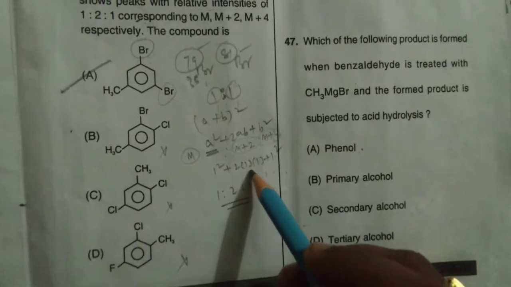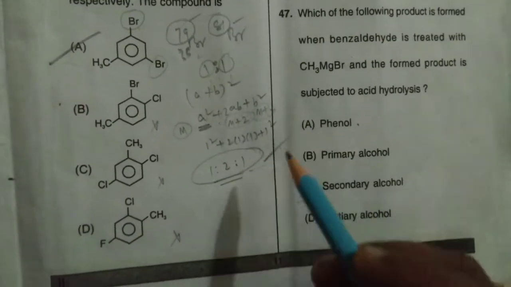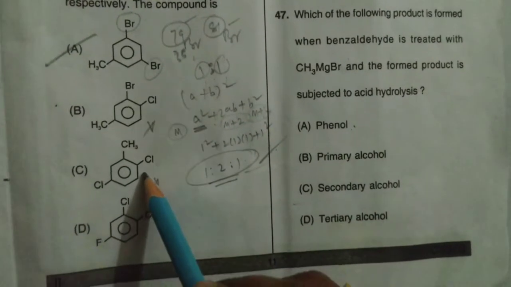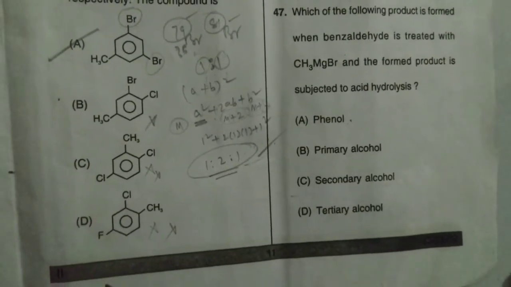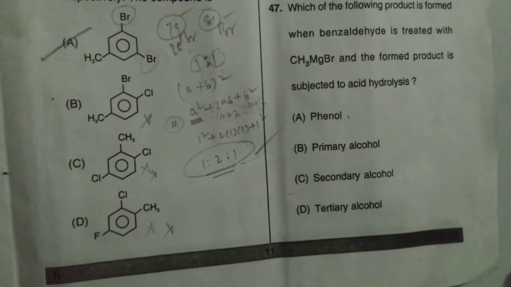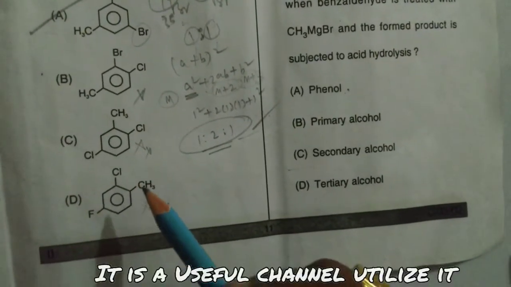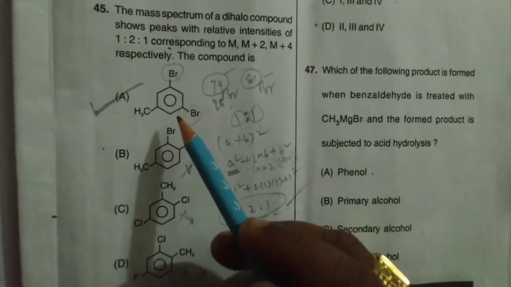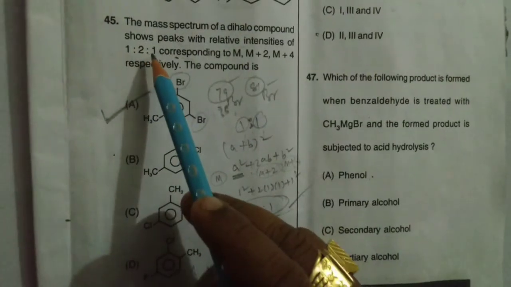So 1 square, 2 into 1 into 1, plus 1 square, so we get the intensity ratio 1:2:1. The remaining chlorine, bromine, dichloro and fluoro-chloro benzene compounds are wrong answers. So the right answer is A, the dibromo benzene compound showing 1:2:1 intensities.